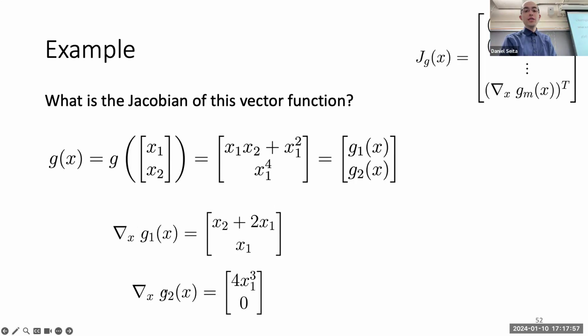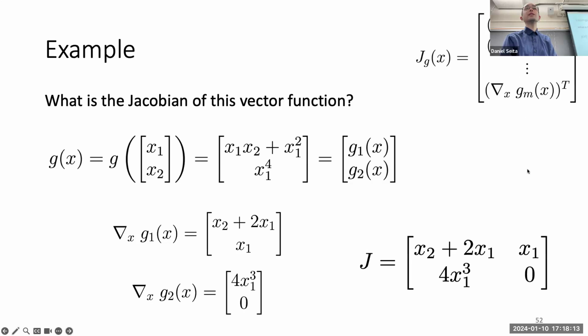And the same thing for G2, we only consider the x1 to the fourth power. So it's 4x1 cubed with 0 as the second item. And from there, we can just use this formula to get this Jacobian matrix. So the Jacobian matrix plays a big role in many areas of robotics, just like the normal gradient does as well.